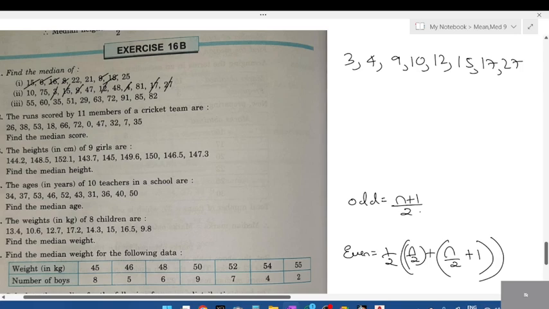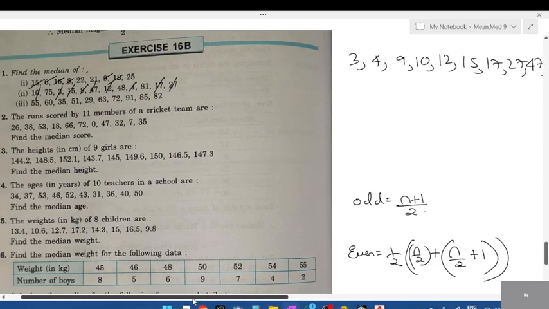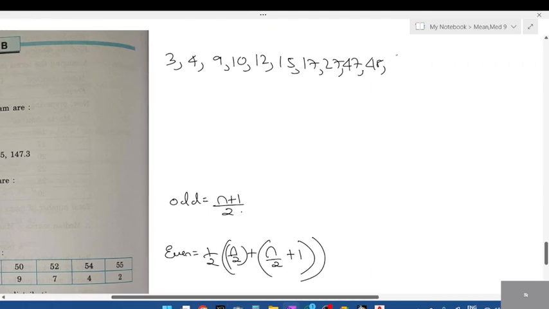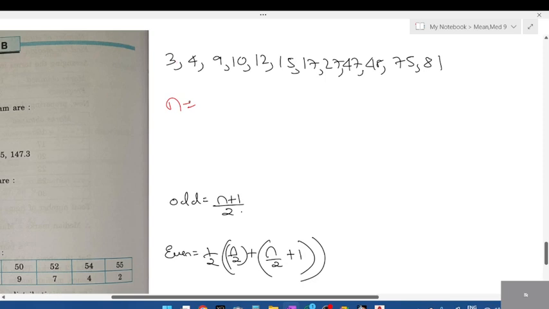No, no, you should understand the method, not randomly tell the number. Ascending order. After 27 is 48. Then 75 and 51. Count the number of terms. This is the first step. The second step: count the number of terms.